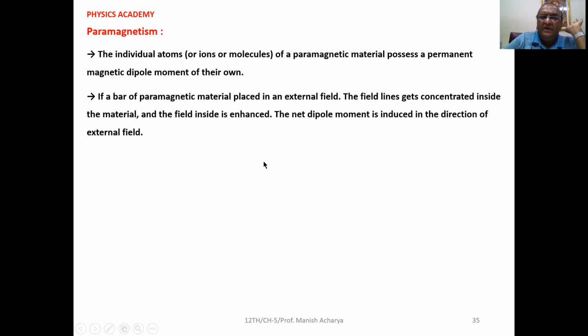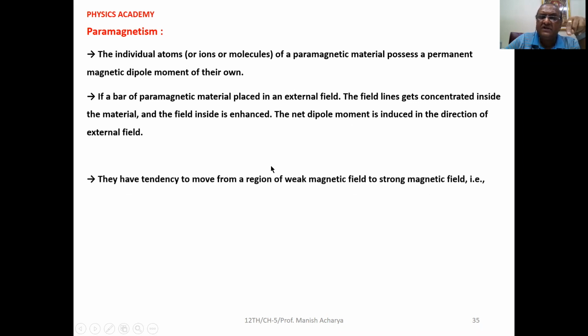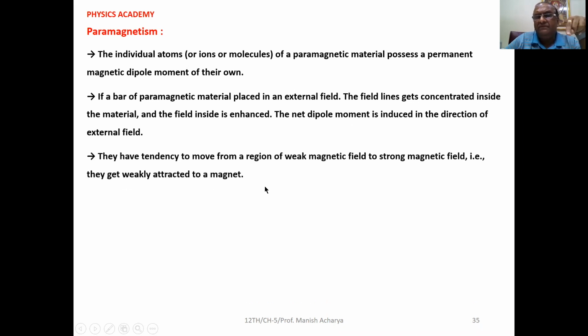Now, if a bar of paramagnetic material is placed in the external field, the field lines get concentrated inside the material and the field inside is enhanced. The net dipole moment is induced in the direction of the external field.